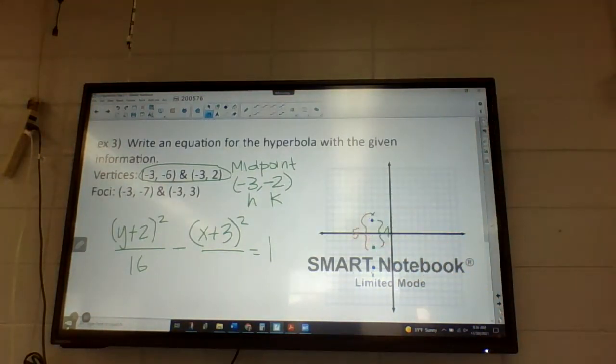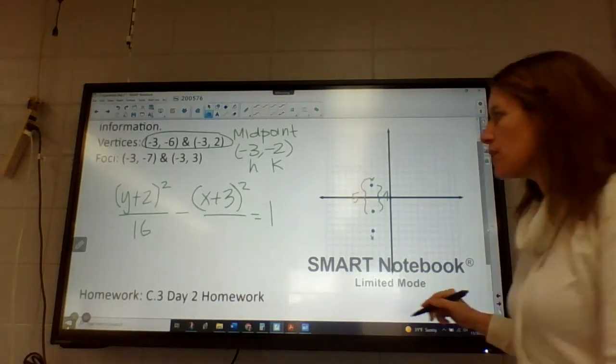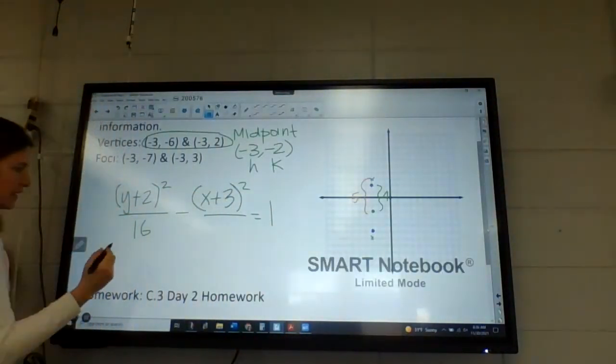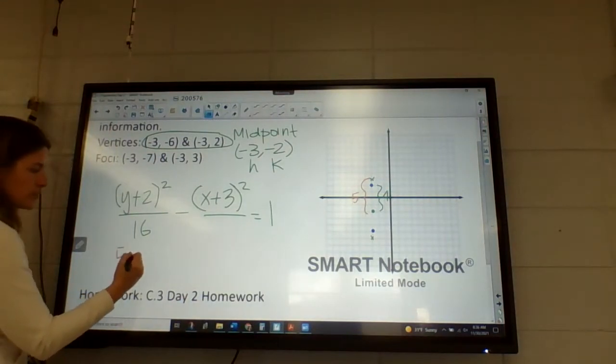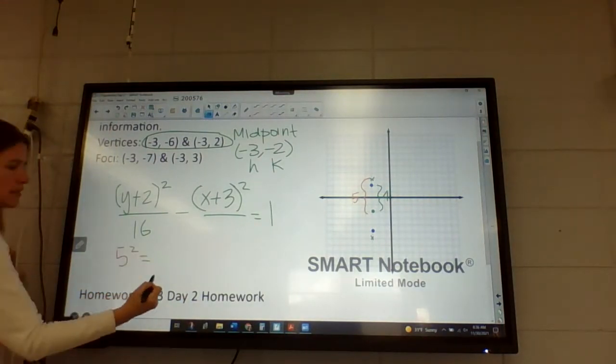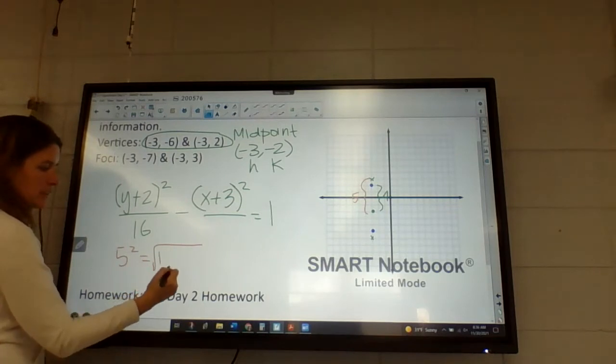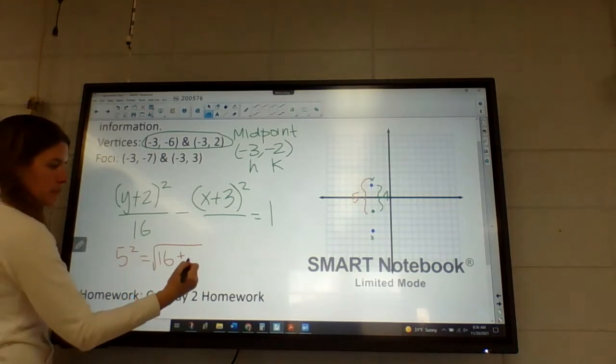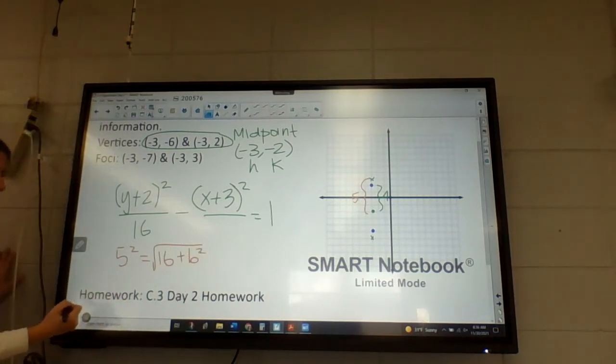So what is that, technically? How will we use that? That's like our C value. So we're going to take the 5 as C. So 5 squared equals, now A squared we know is 16, plus we're looking for a B squared.